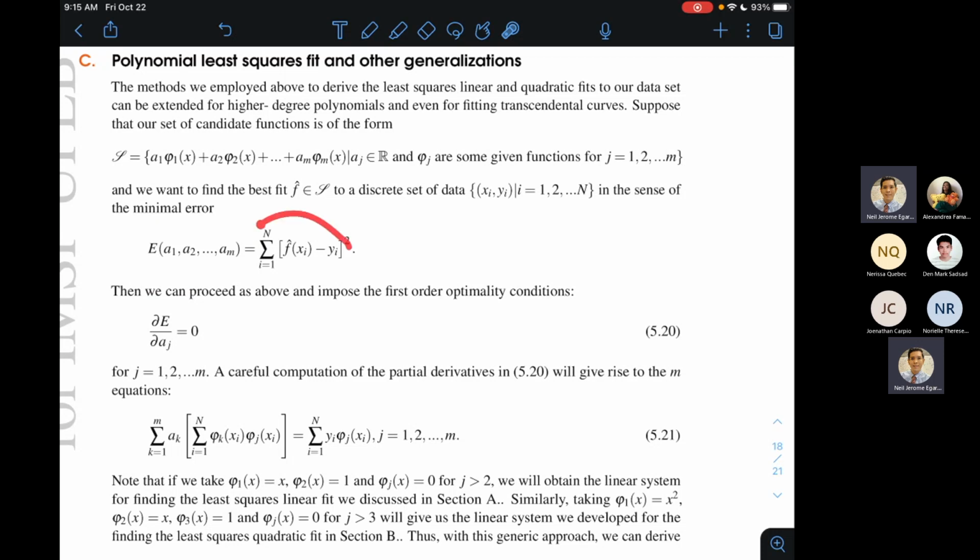And then if we will put that inside the formula, magkakaroon tayo ng summation nitong mga to, evaluated at the x sabay minus y sabay quantity squared.